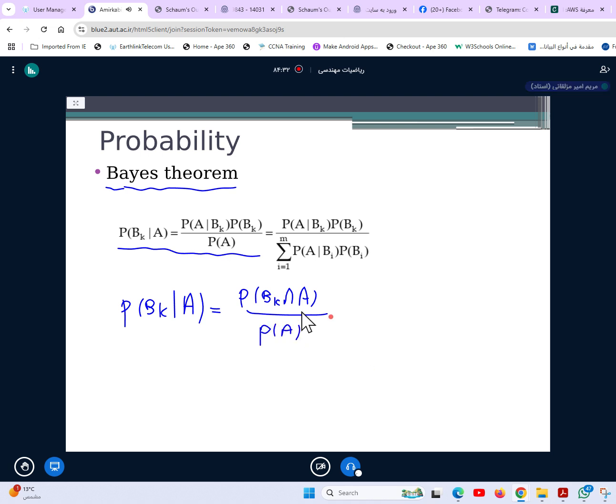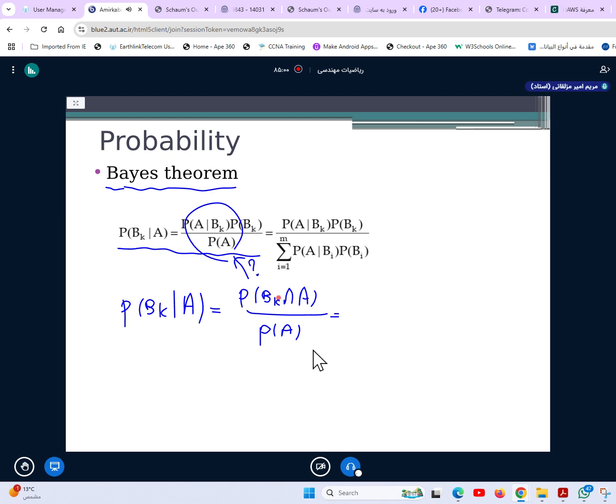Now, we should obtain this formula. How can we obtain this formula from this? In this formula, we have the probability of the intersection of beta and A in the numerator, but in the other formula, we have the probability of A given beta times the probability of beta.